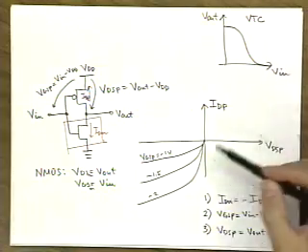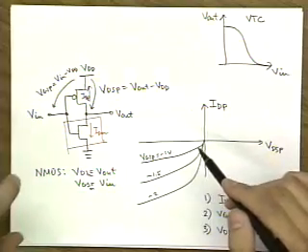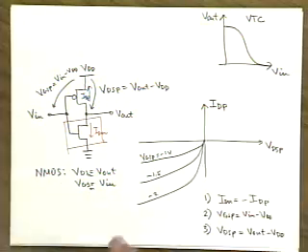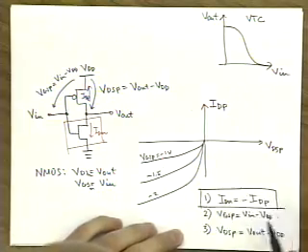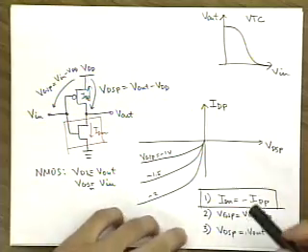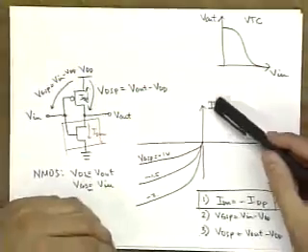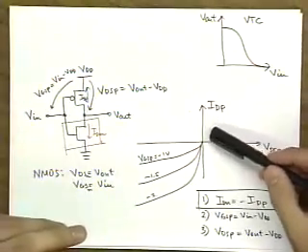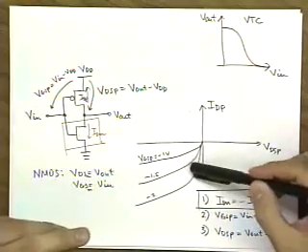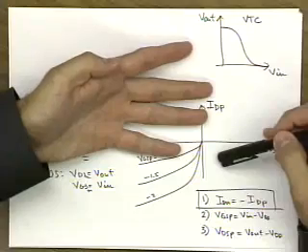The family of curves for the PMOS in this case are called load lines, because we analyze NMOS as the main device and PMOS as the load device. So what this first relationship tells us is that to get IDP in the IDN coordinate system, all we need to do is flip a sign. So you basically have to take these curves and flip them over. Okay?